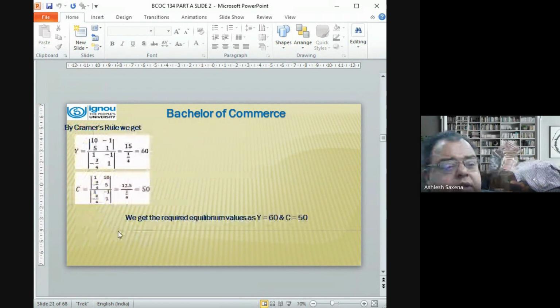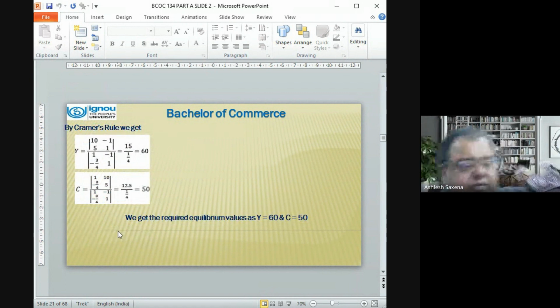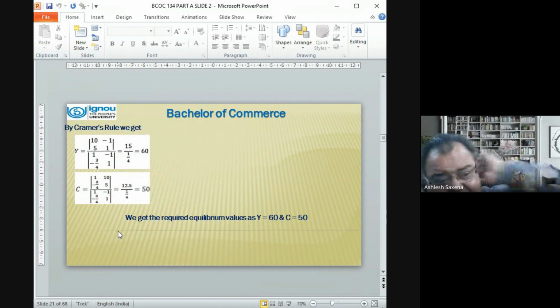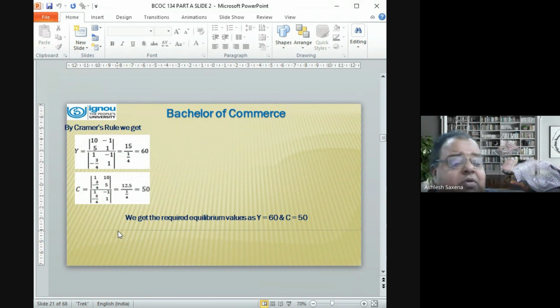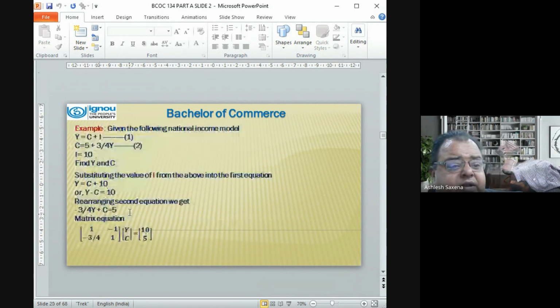Now see, here what I've done, I've applied Cramer's rule. Cramer's rule was taught in the previous class. For finding Y, we have to determine the determinant value of Y and C. That will be divided by this determinant.